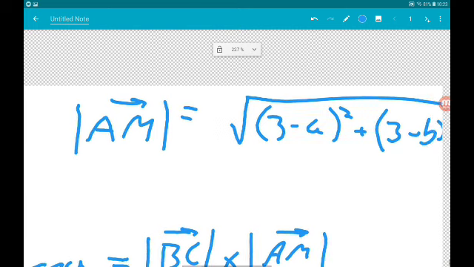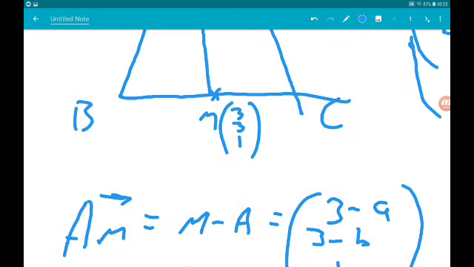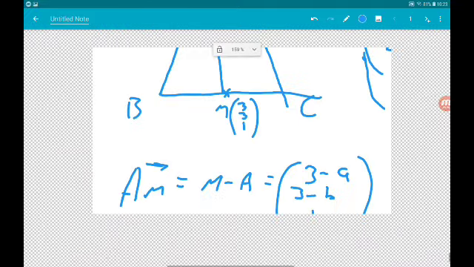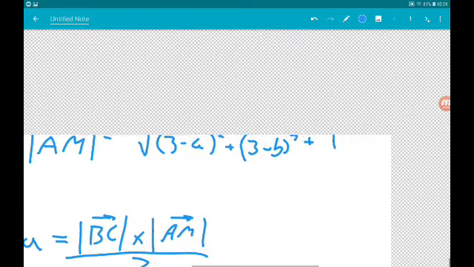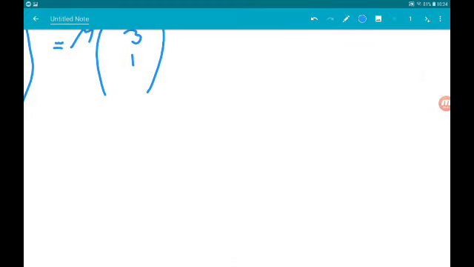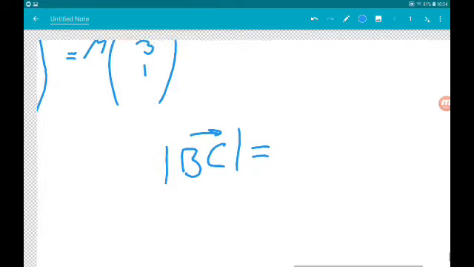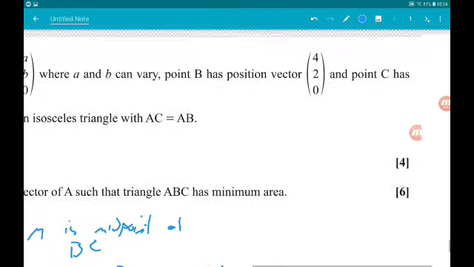So we need to find the magnitude of BC. So that's going to be, how should we do it? Okay, so magnitude BC is, so BC is C minus B.